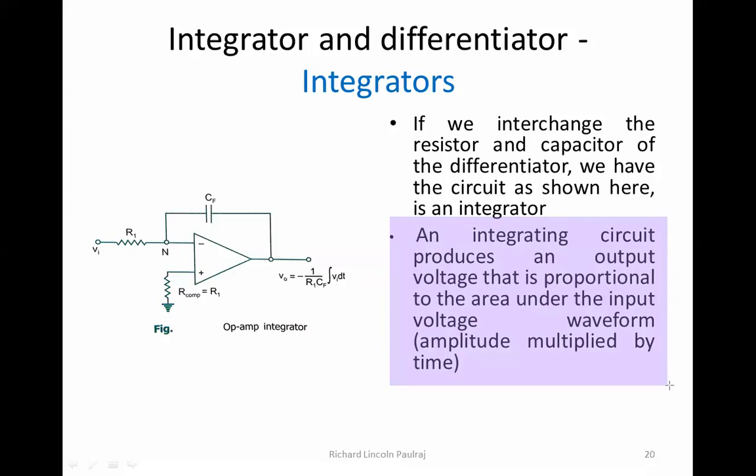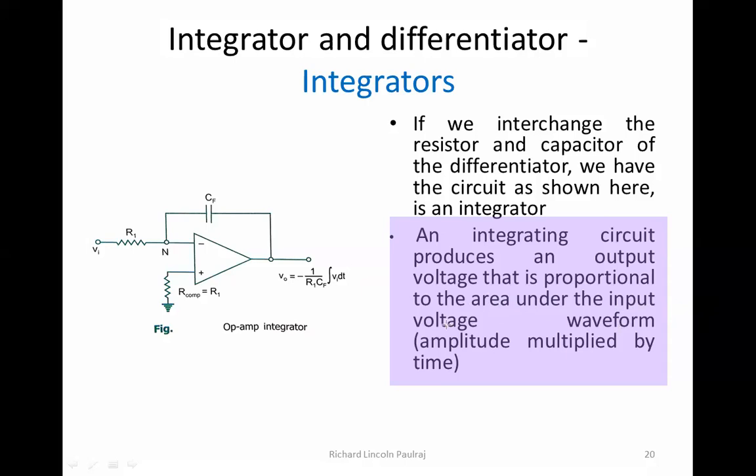So all this can be mentioned. So this is an important definition here. An integrating circuit produces an output voltage that is proportional to the area under the input voltage waveform. So the area of the output voltage you are getting will be proportional to what?